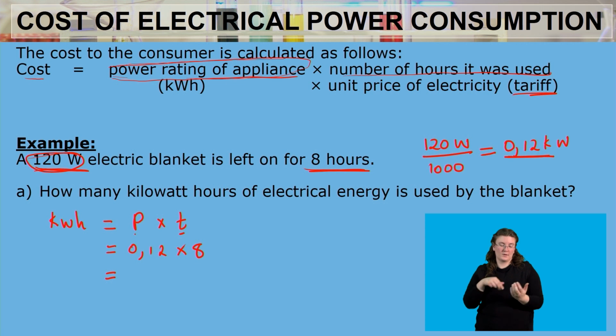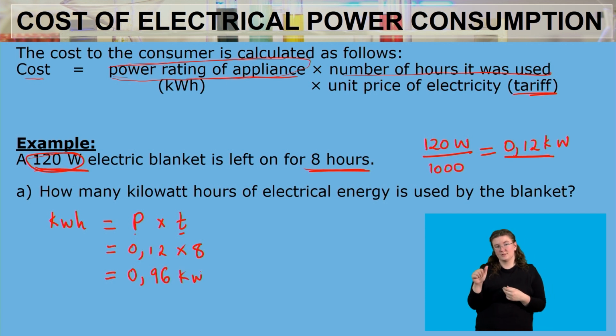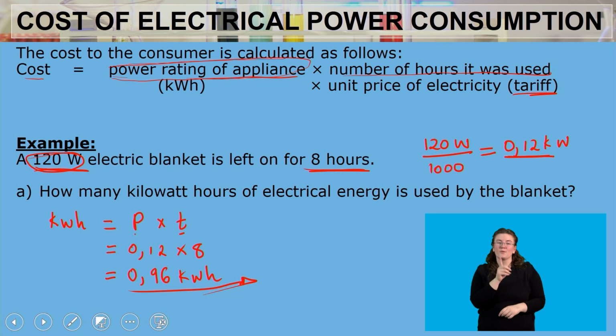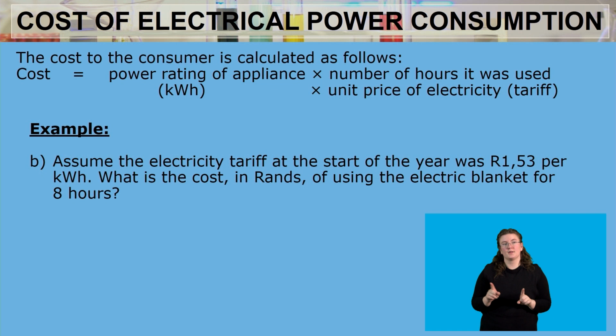When you punch that in your calculator, 0.12 multiplied by 8, you are going to get 0.96. So the kilowatt hours of electrical energy that we used is 0.96 kilowatt hours.